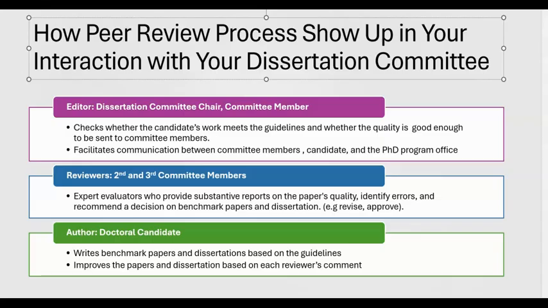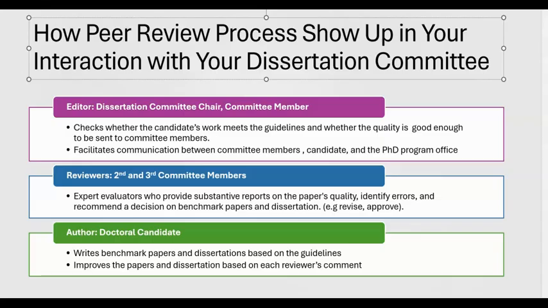As you remember, in the peer review process, there was an editor, three reviewers, and an author. In the dissertation committee, we do not have an editor, but we have the dissertation committee chair, who is your senior advisor and also a committee member.